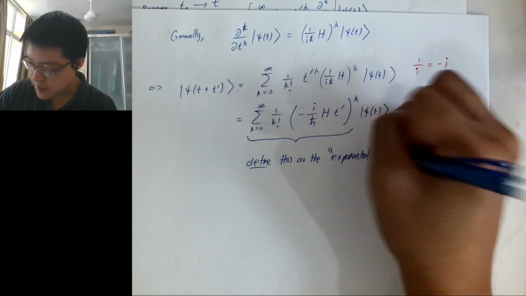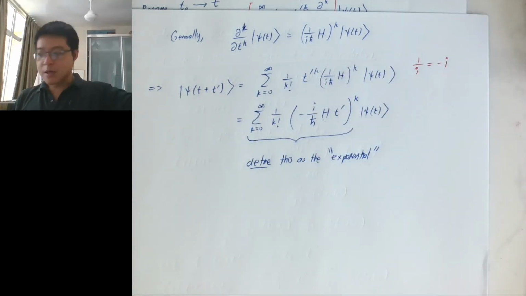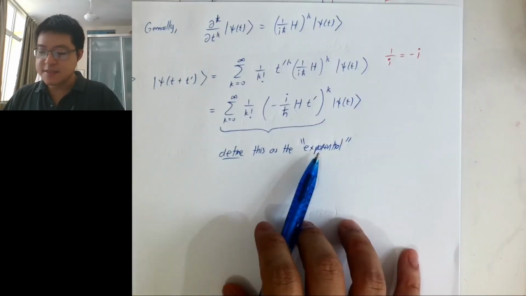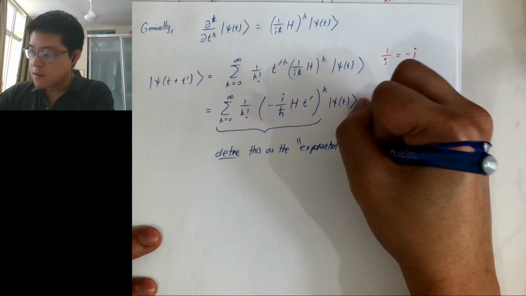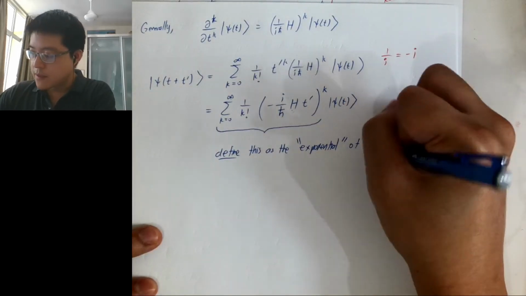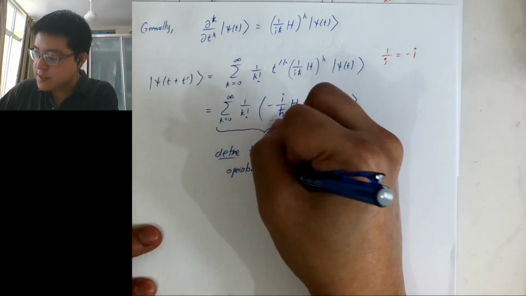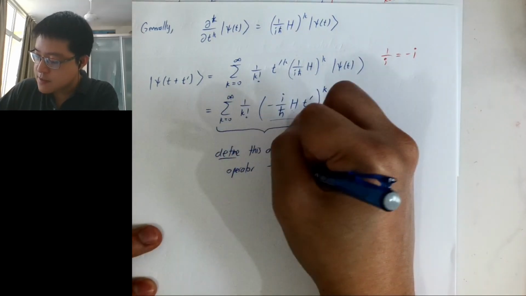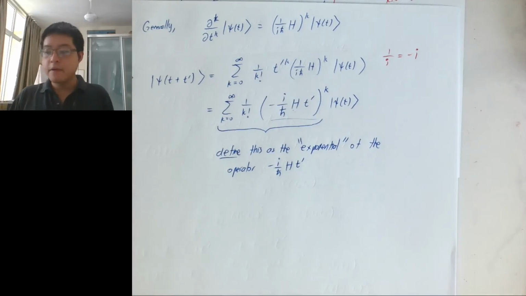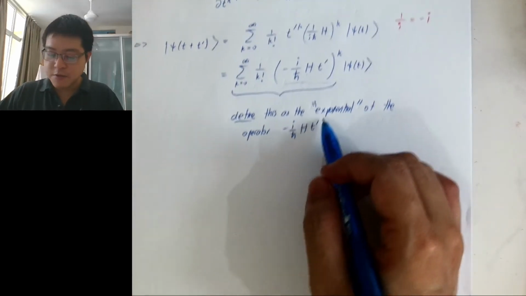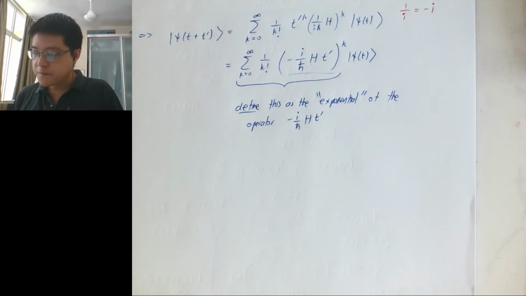I put it in quotes because we are not taking e to the power here. It's just an operator, but it's an infinite series of the operator exponential of what? Exponential of this thing over here. Constant times operator is some operator, so it's exponential of this operator.